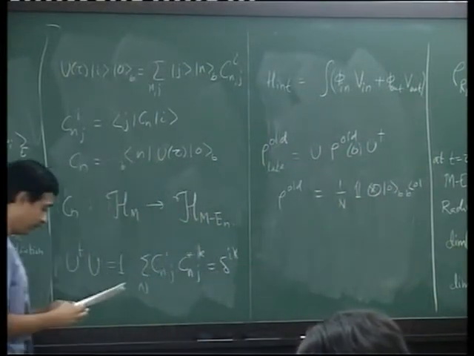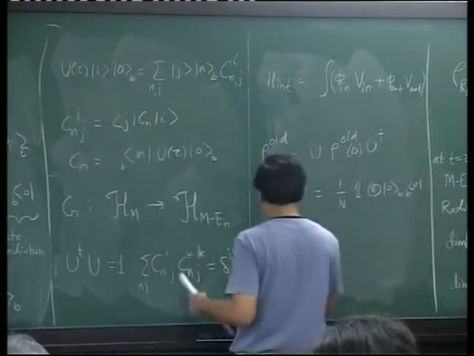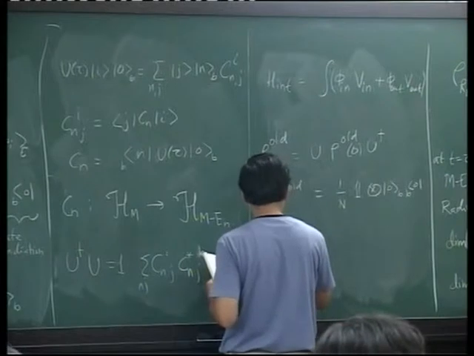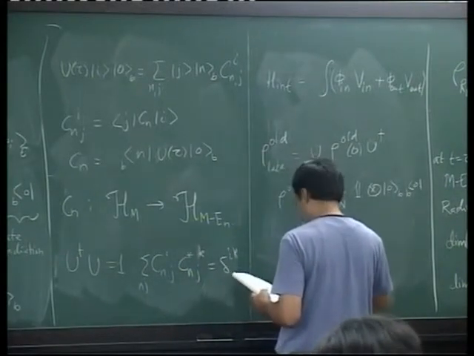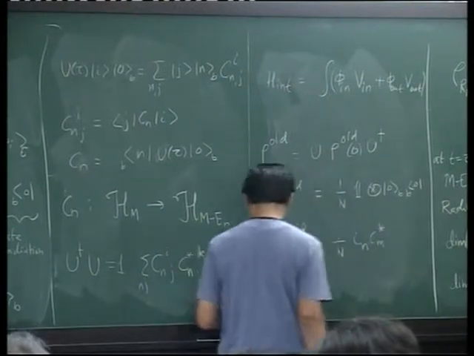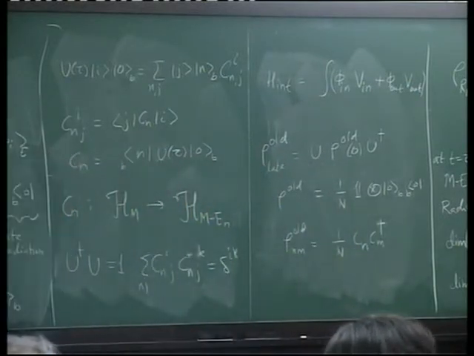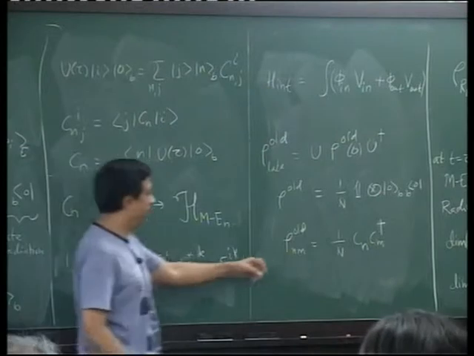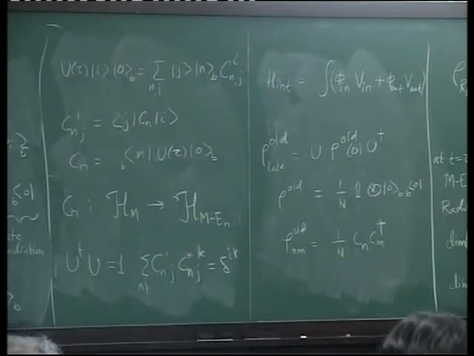Okay. So you can check, this is not difficult to see, that rho old nm is basically equal to 1 over N times Cn Cm dagger, since it's an operator. Okay. So it is just being computed in the radiation state n and m.